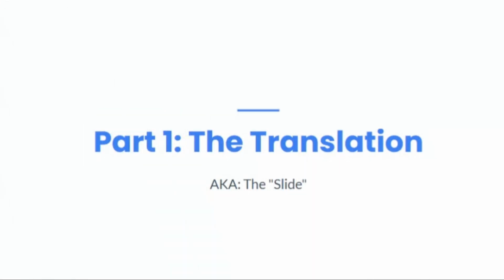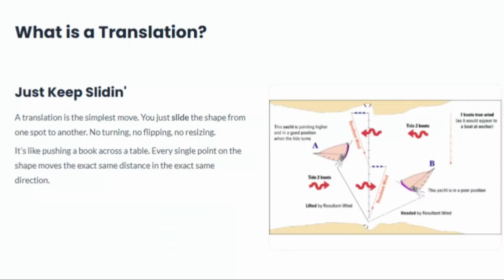So let's first talk about the translation. Translation is the simplest move. You just slide the shape from one spot to another. There's no turning, no flipping, and no resizing. All you do is slide the shape.